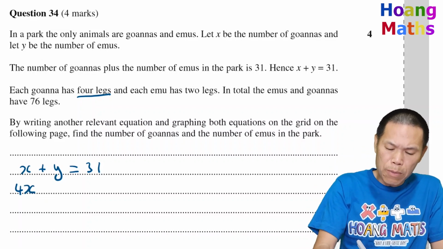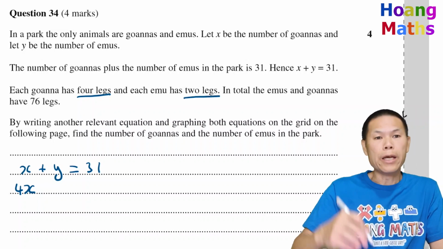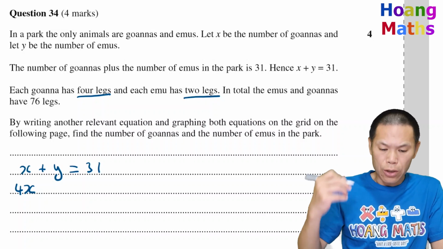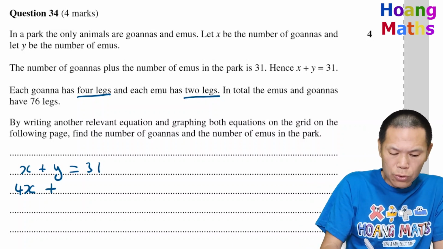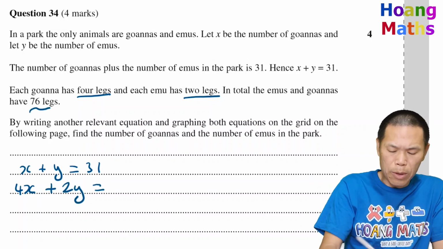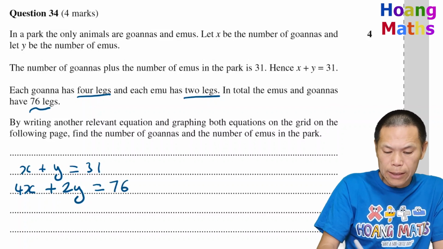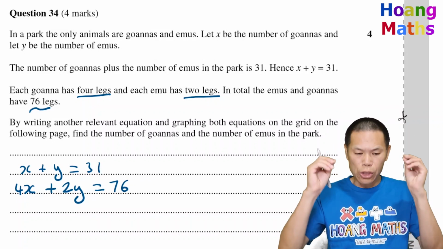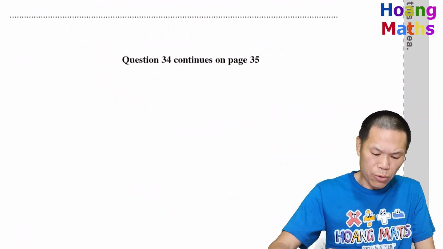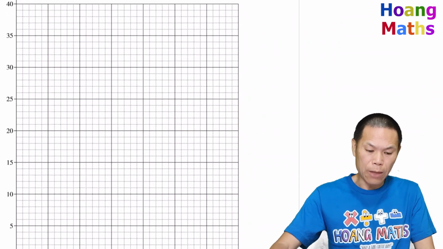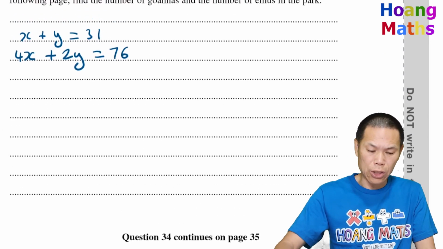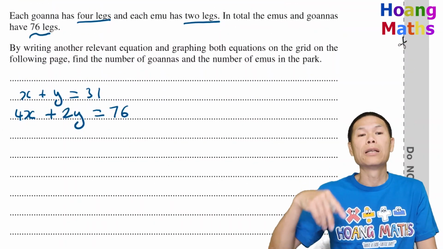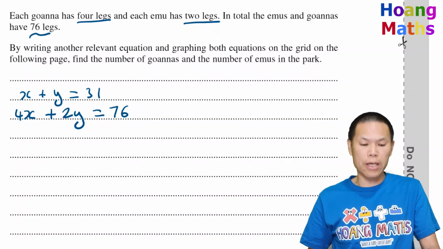And emus have 2 legs, and therefore y emus means y times 2 legs. So we add 2y, and the total number of legs is 76. So there you go, we have 2 equations. We just need to graph them on the grid provided here, and then look for the intersection to find the numbers of goannas and emus.